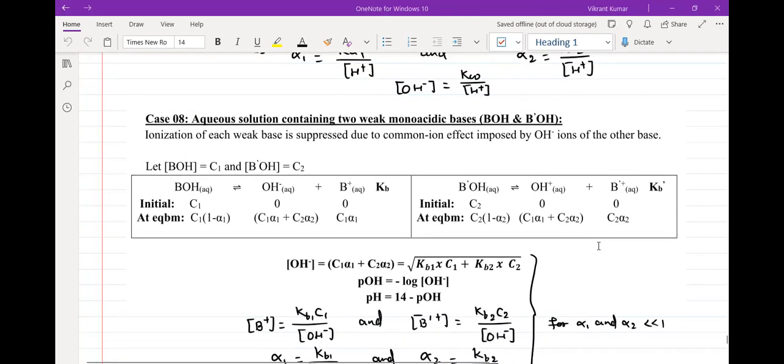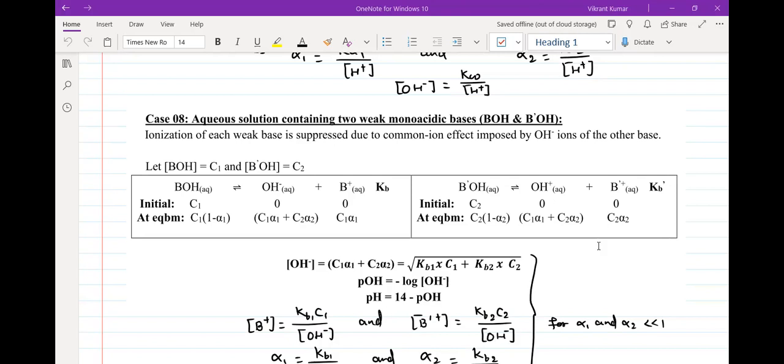Now, while you observe all these cases, particularly 3 to 8, in case 3 we were having weak monoprotic acid only. Case 4 was the pair of that, having weak monoacidic base only. Case 5 was weak monoprotic acid plus strong acid.